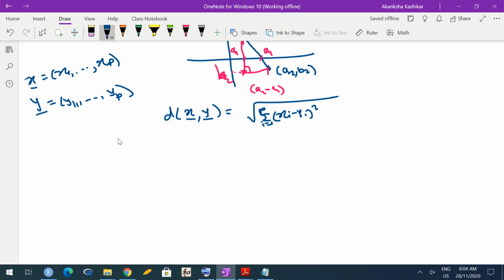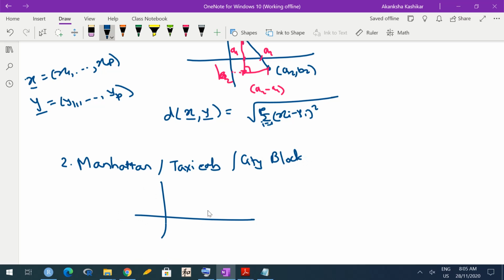Okay, there is another distance called Manhattan distance or city block distance or taxi cab distance. So what do I mean by city block distance or taxi cab distance or Manhattan distance? So we again have these two points. Euclidean distance measures direct distance.